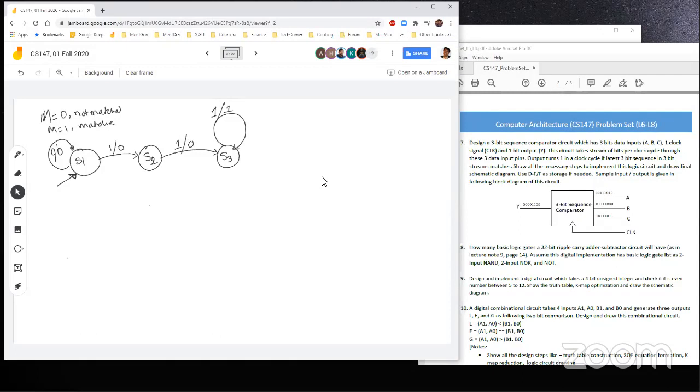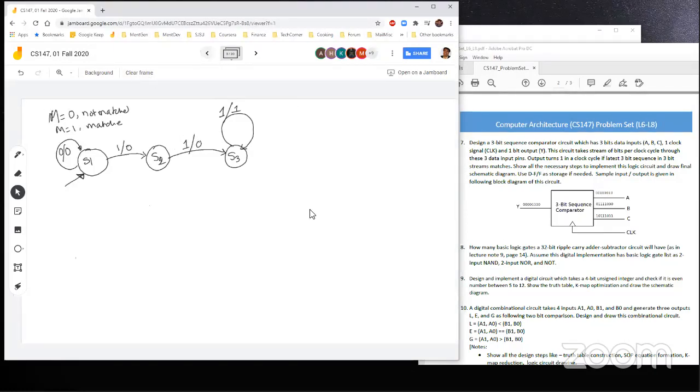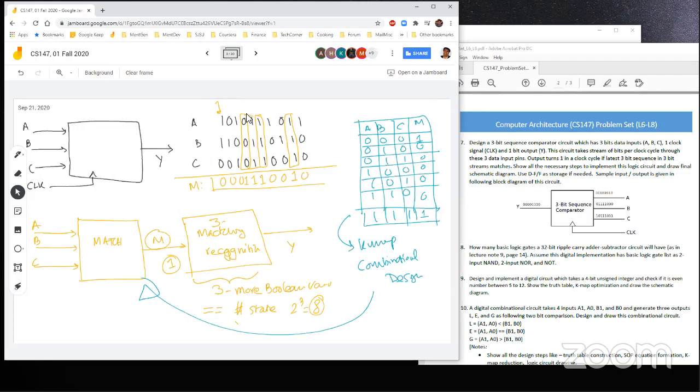And then it might be that another match comes, like this will be overlapping matching of the sequence. Match. So 3 matches, and then I know, okay, 1 match, 2 match, 3 match. So I don't have that sequence.